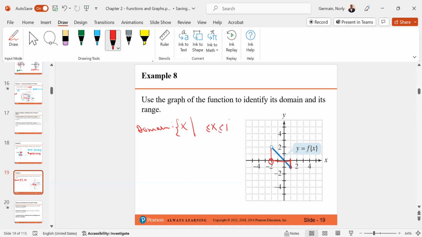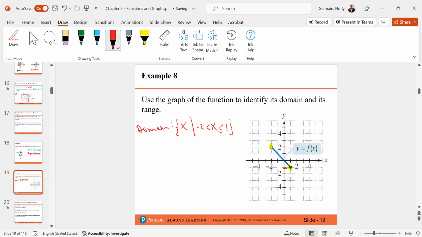The same one or not? No, it would be -2, but this one is not closed because there is a hole. You see there is a hole, so it's an open dot, so it's strictly less than: -2 less than x less than or equal to 1, because it's a closed dot right there. So you're done with x.